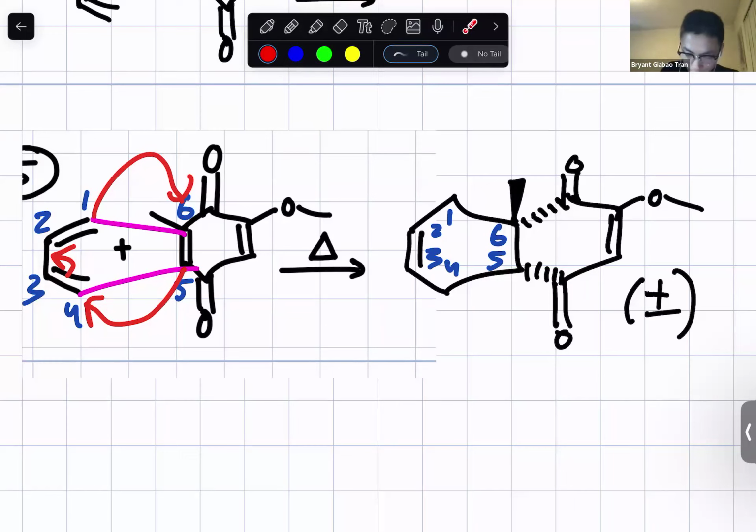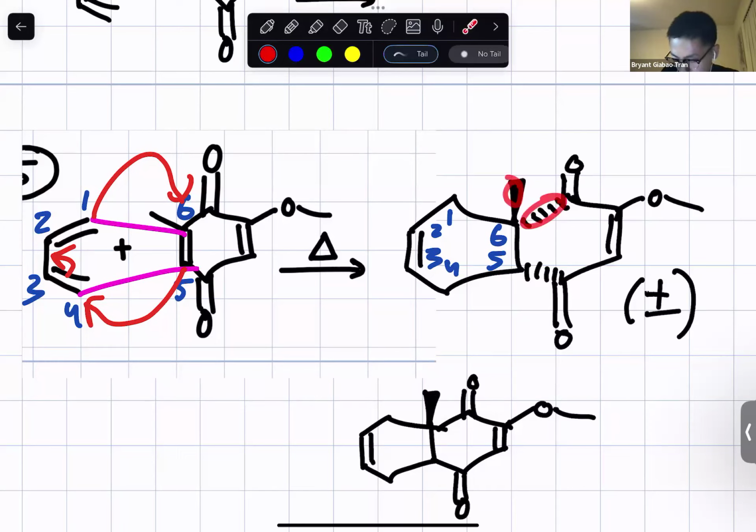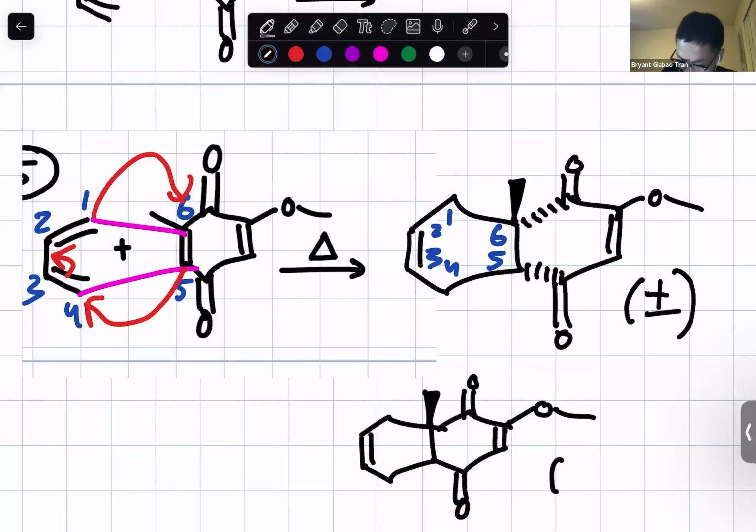He gave me full credit because I wrote this as the answer, where I did not include stereochemistry at all, right? And I put a wedge on that methyl right there. But if you put dashes there, that's also correct. Right, but this is what I put on the exam, which I got full credit for because I think my TA gave me 4 points or something. But this should be it right here.